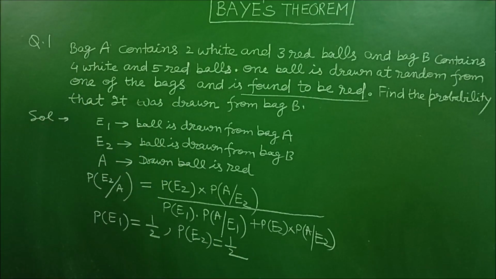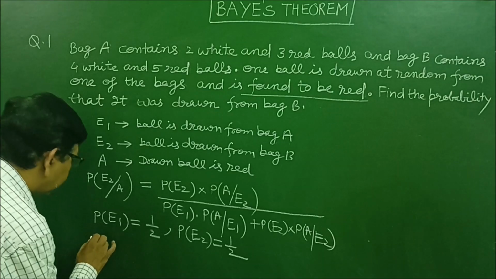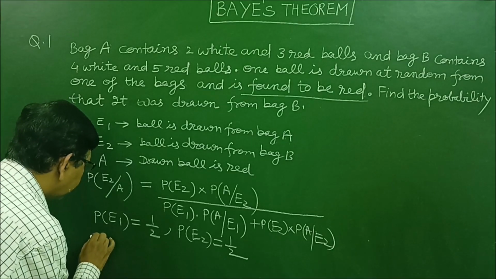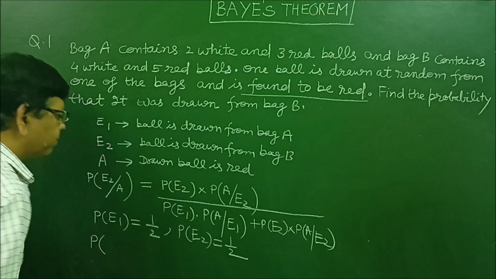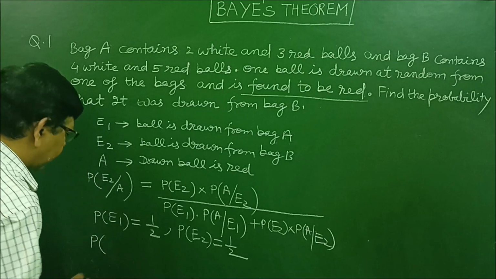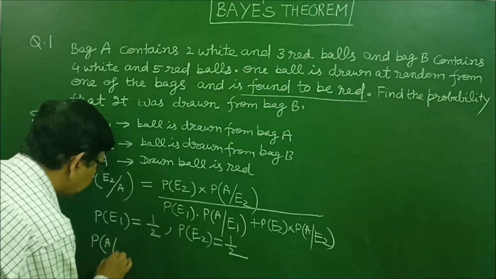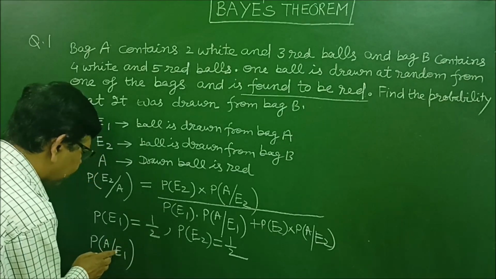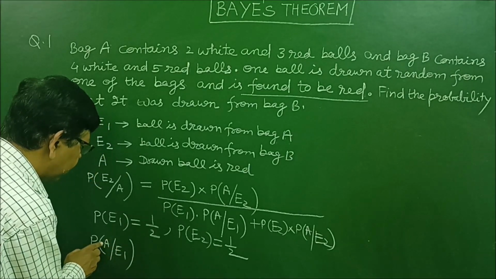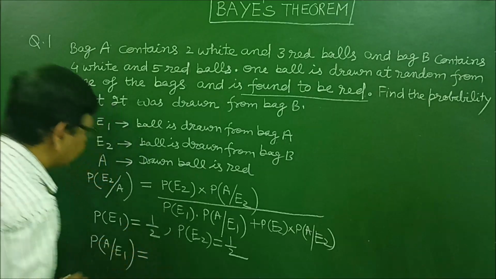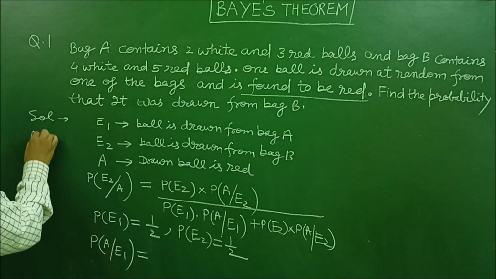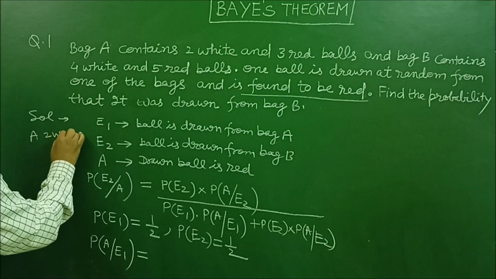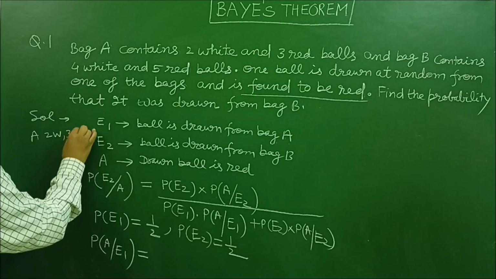Now when the bag is selected, then the ball is drawn. So if the first bag is selected and A/E1, first bag is selected and drawn ball is red. First bag contains A bag has 2 white and 3 red balls.